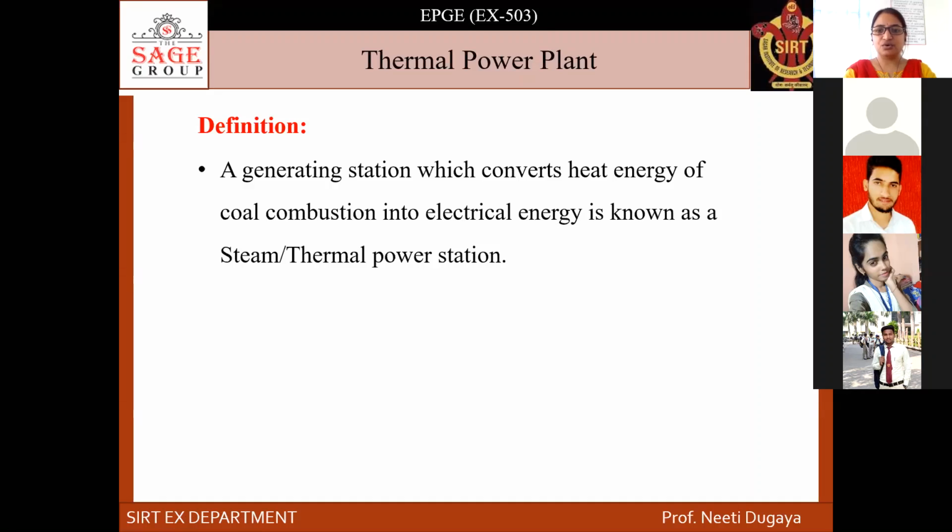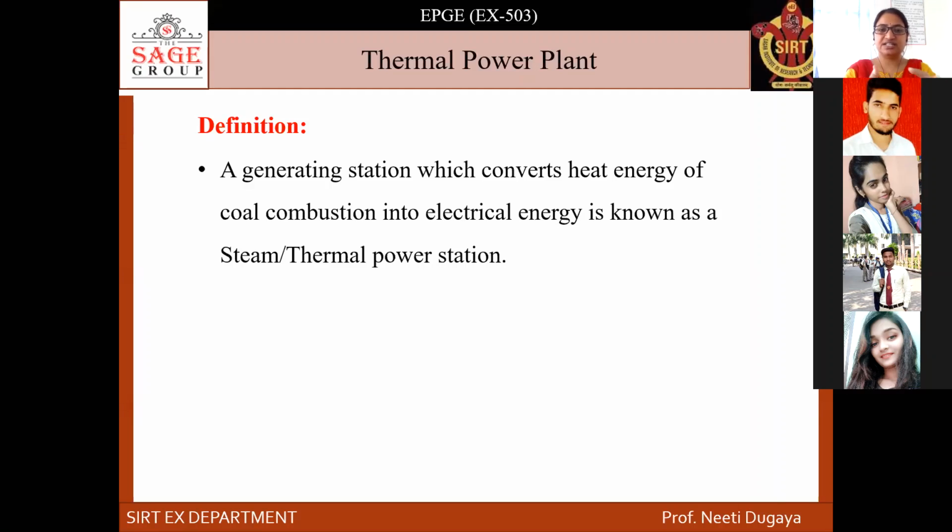By burning the coal, heat energy is produced, and that heat energy is transferred to the boiler, which heats the water in the boiler and produces steam. That steam is converted into electrical energy by rotating the turbine, and the turbine is connected to the alternator. So this is how electrical energy can be generated with the help of coal.